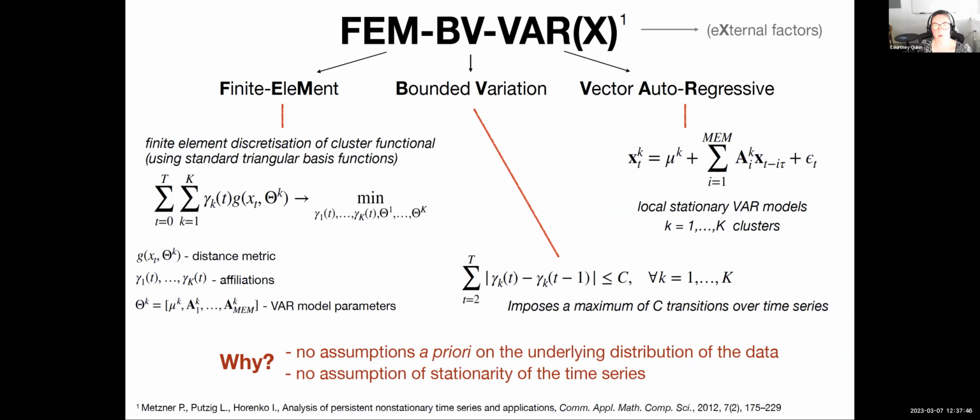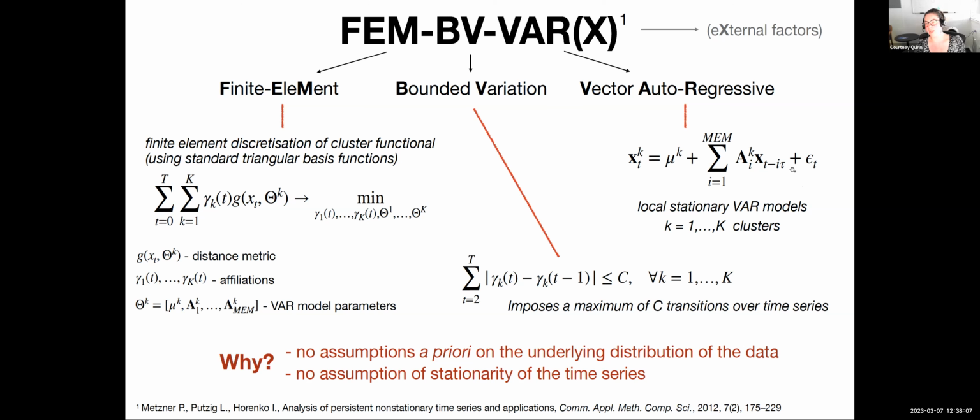So what we started using was this method called FEMBVAR. That stands for finite element bounded variation vector autoregressive, and it is a type of clustering method. I'll walk you through the idea here, starting on the right.